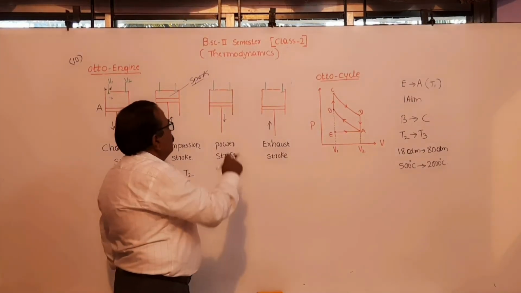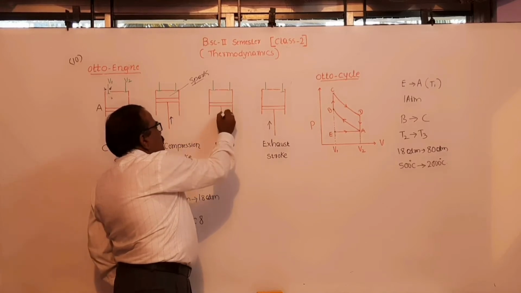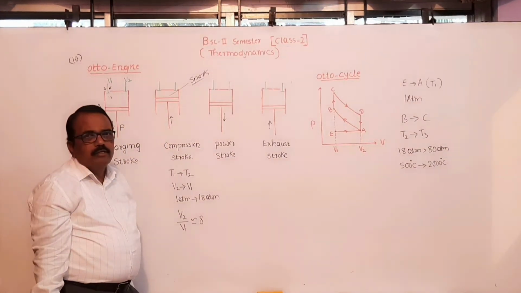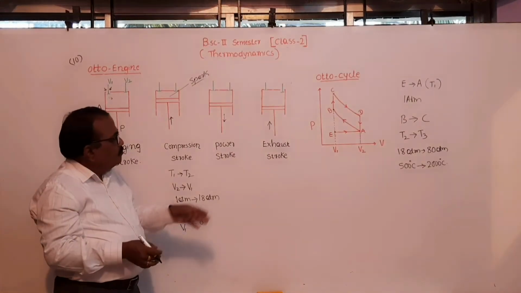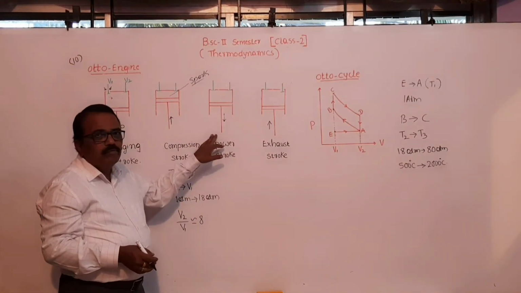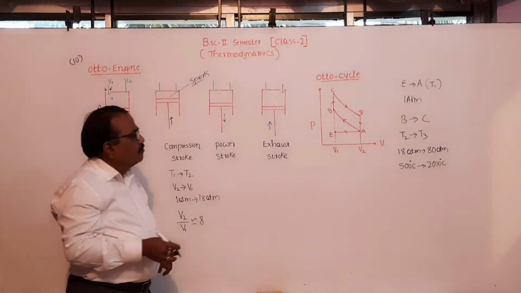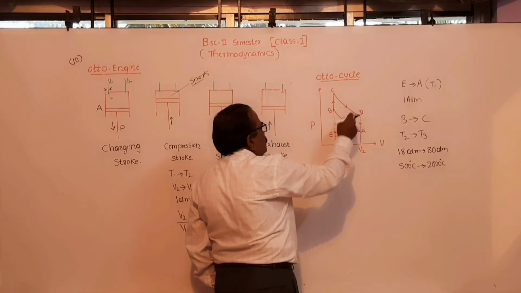Then at the end of this, suddenly this piston moves in the backward direction. The engine starts. Then work is done. As the engine starts, this stage C to D is reached.